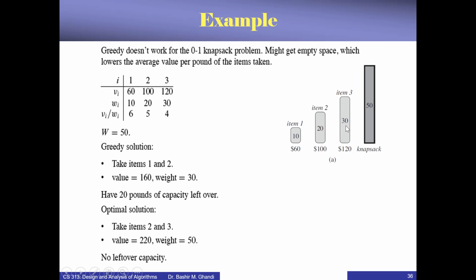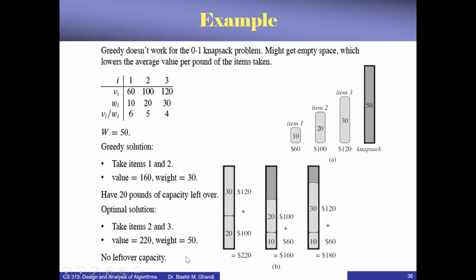Item 3, the weight is 30 pounds. So he will fill his entire 50 pound sack, and the value he will get is 100 plus 120, which is 220. Obviously 220 is much better for him than getting only 160. So this is the optimal solution, and he will have no leftover capacity.